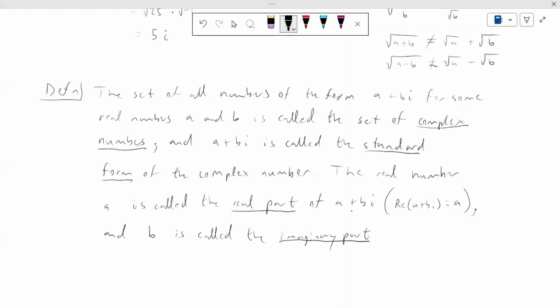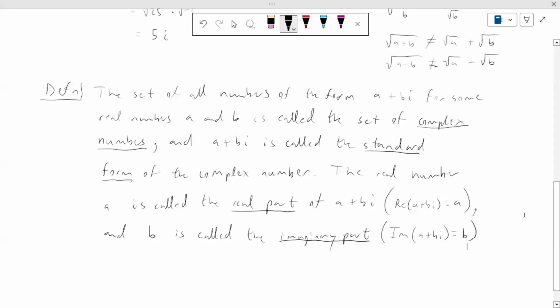Basically, the imaginary part of a complex number is just the real number that's being multiplied by i. Just the real number part of it. So we have a notation for that as well, usually abbreviated Im of a plus bi, and that's going to be equal to b. Just b. So whether you're looking at the real part or the imaginary part of a complex number, you always get a real number out. Okay, fair enough.